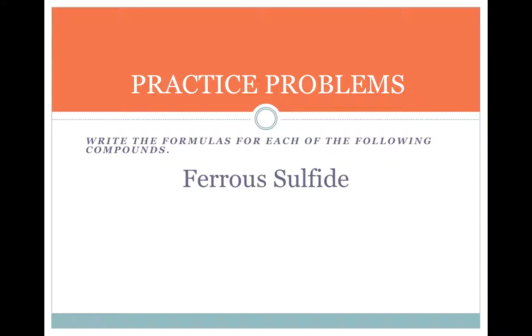Ferrous sulfide. Ferrous is not on the periodic table. It's representing one of the charges of iron. Ferrous, if you look on your yellow card, is Fe plus 2. Sulfide is in group 16 and it's S minus 2. Do the crisscross, charges go away.